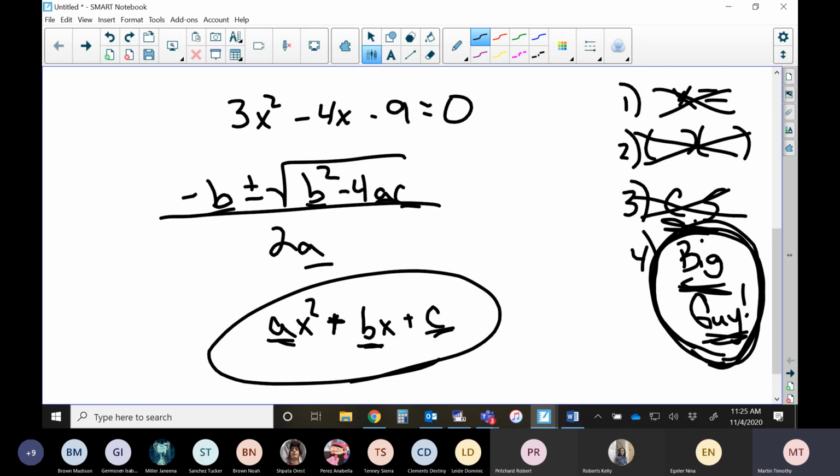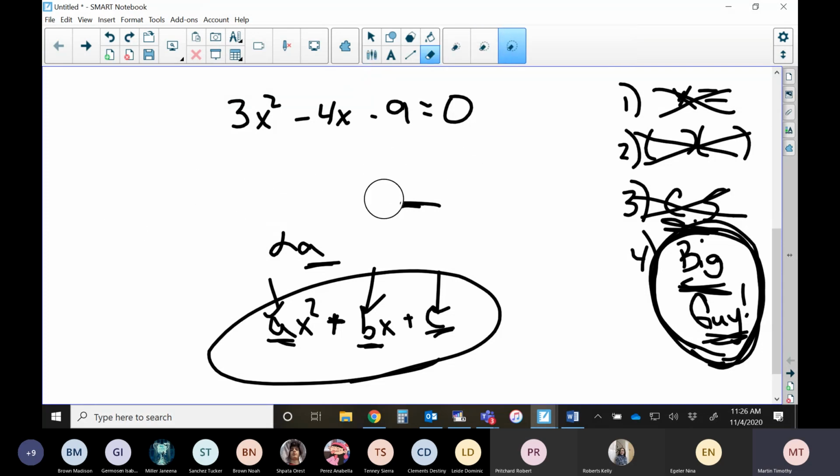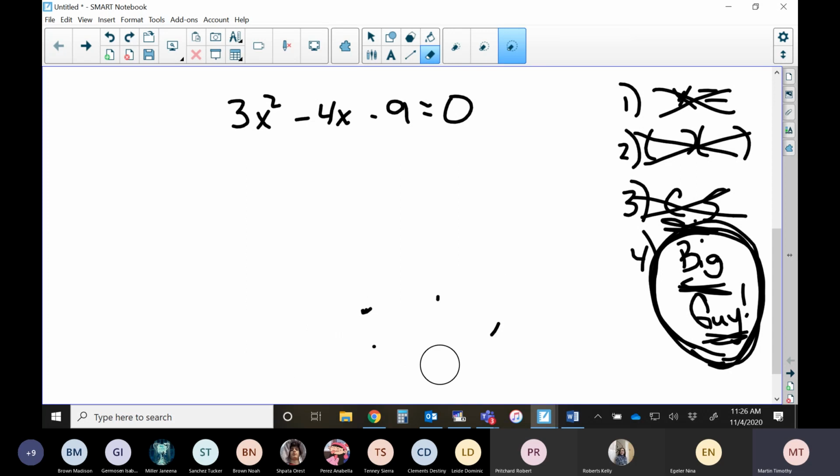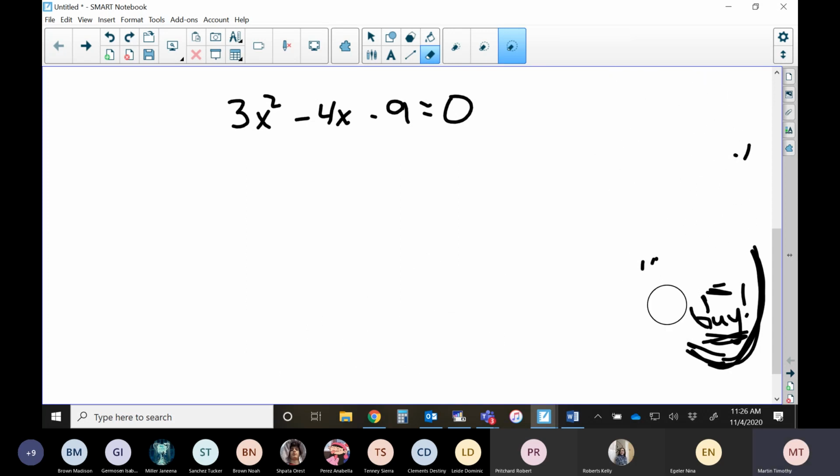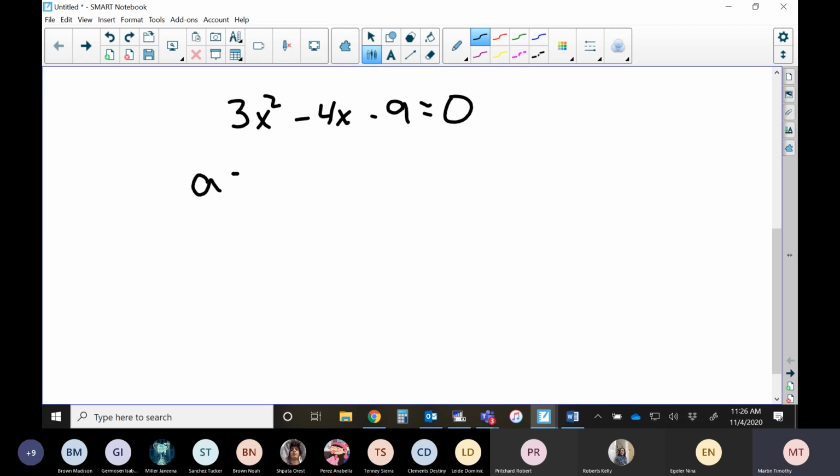All right, does that make sense? Yeah. So I'm going to use this A, this B, and this C to plug into this equation, and then all I do is do order of operations and solve for it. So the first process is to label my A, B, and C. So A would be 3.